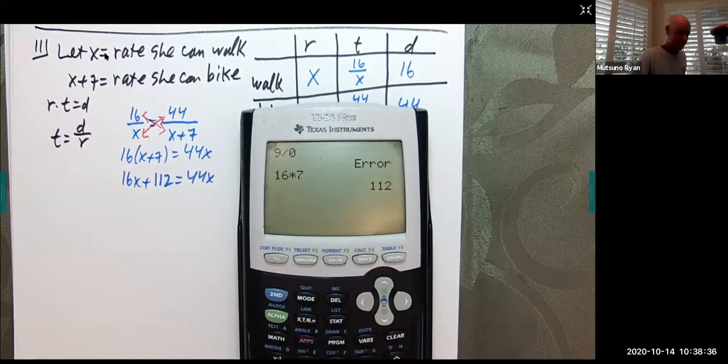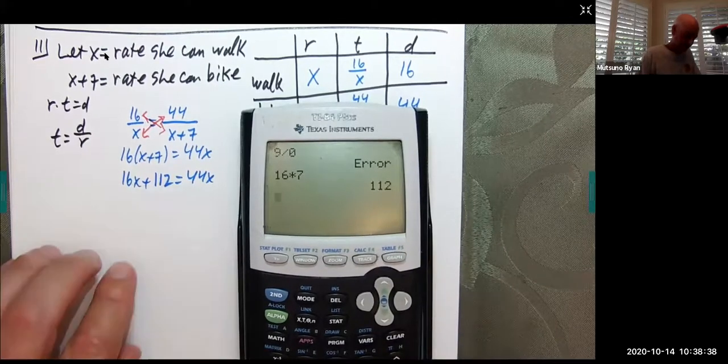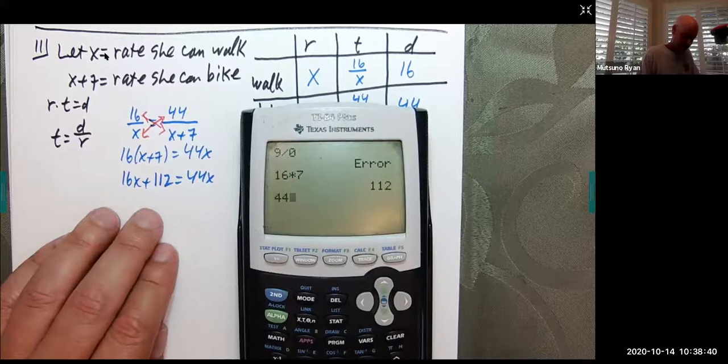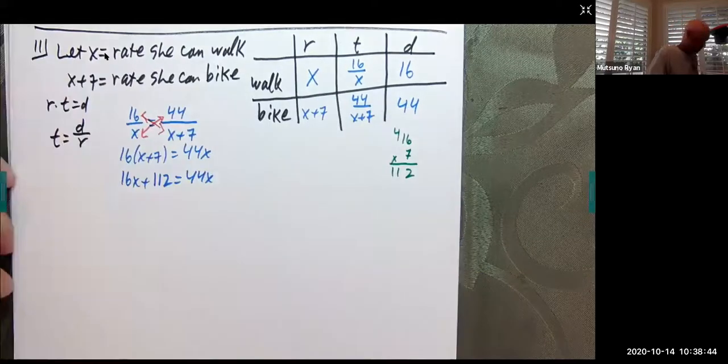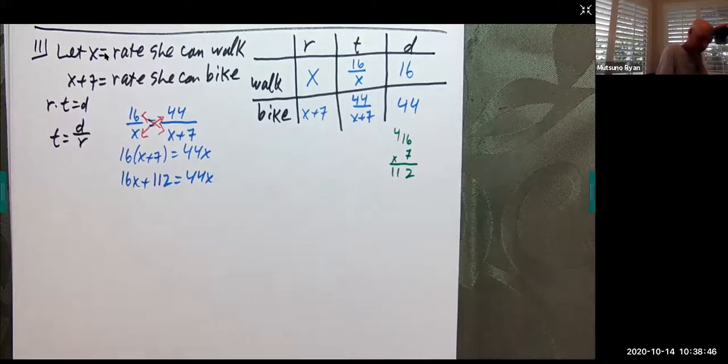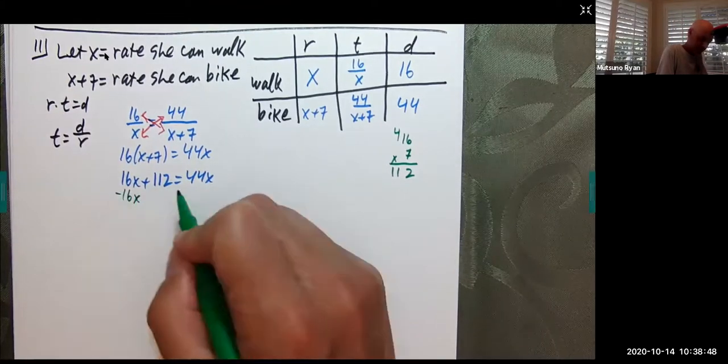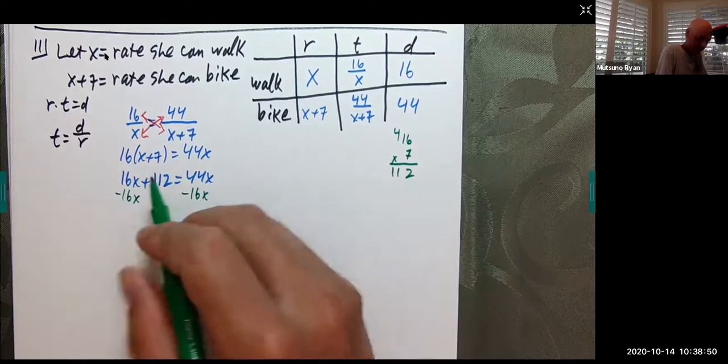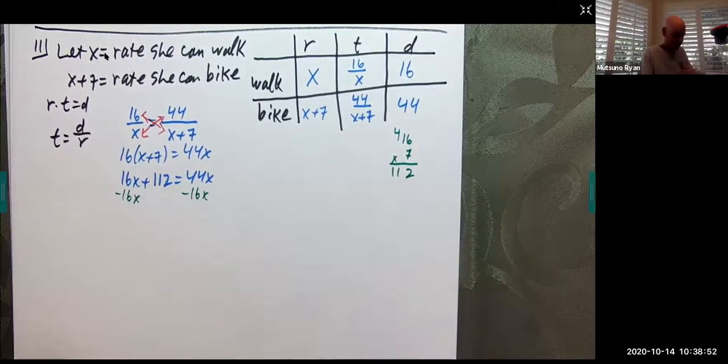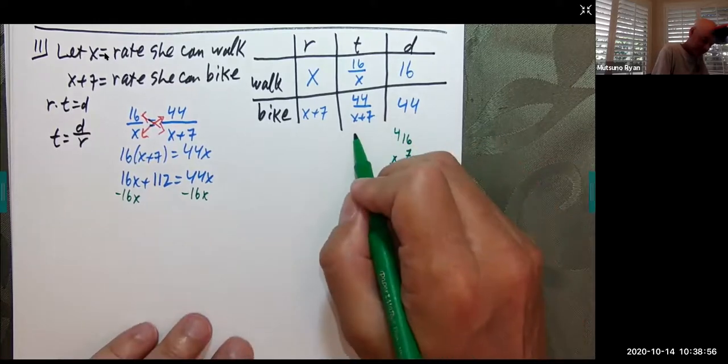All right, and I'm going to go ahead and go 44 minus 16. It's 28. I could have moved the 44x this way. It's the same. You'll get the same answer. And just to be clear.